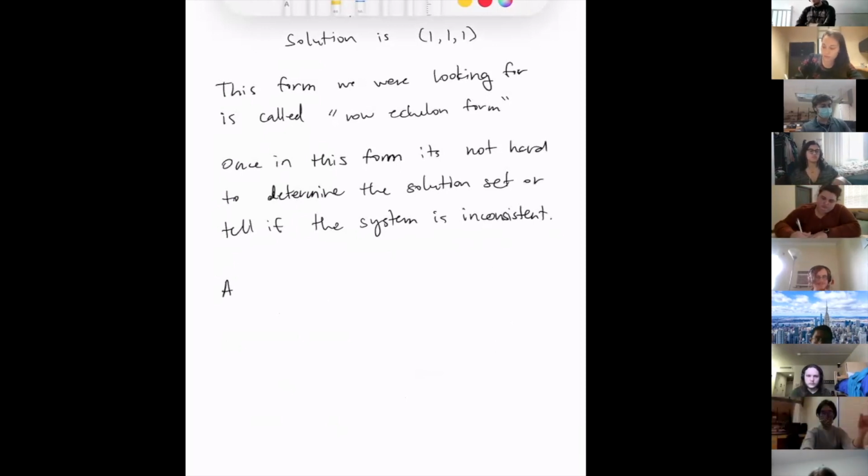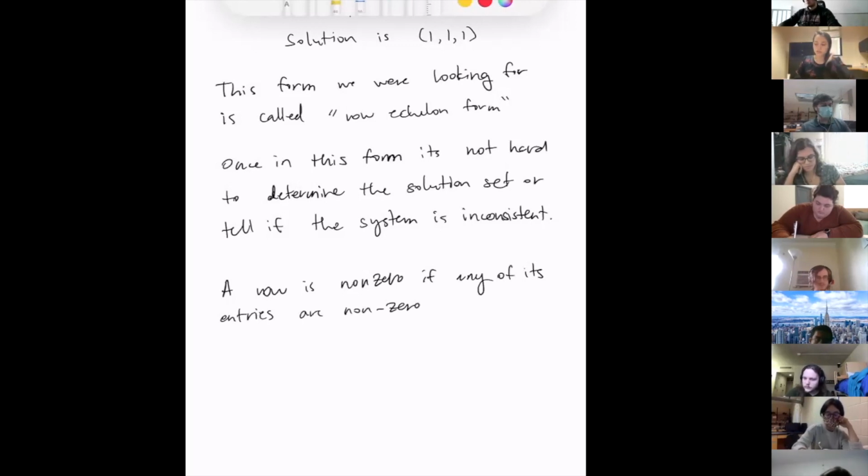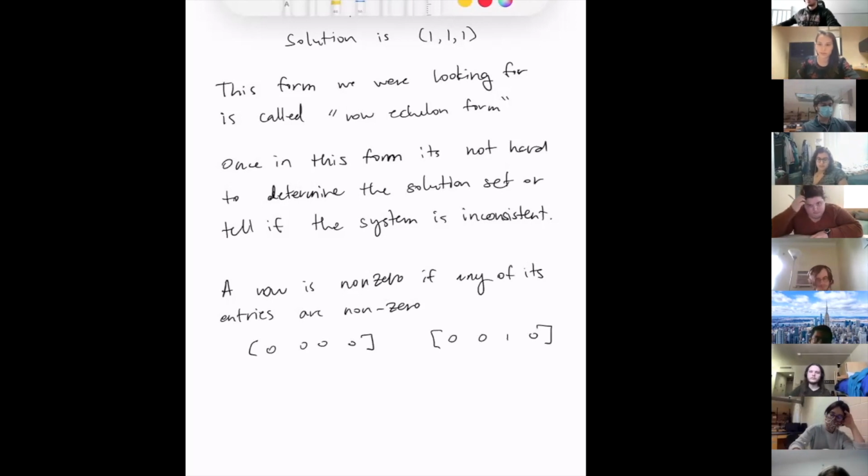A row is non-zero if any of its entries are non-zero. So if you have all zeros, that's a zero row. If anything in there is non-zero, it's non-zero, right?